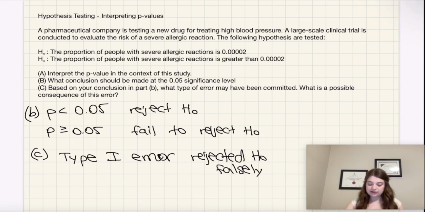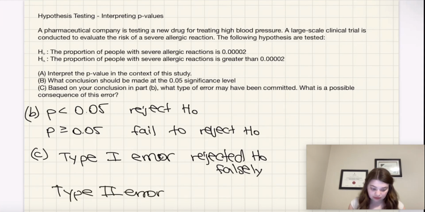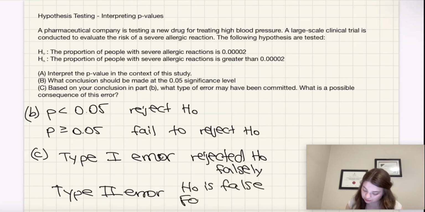Okay, let's talk about the other error that might have occurred, and that's a type 2 error. And that's if we fail to reject the null hypothesis, even if it should have been rejected in the sense that it's false, right? So let's say that H0, the null hypothesis, is false, but we failed to reject.